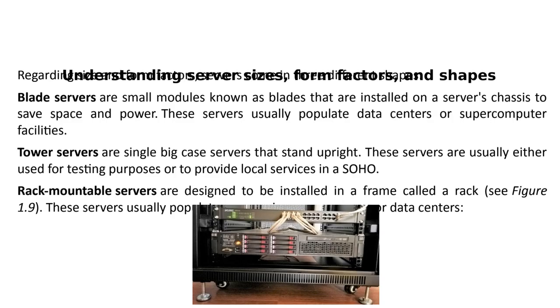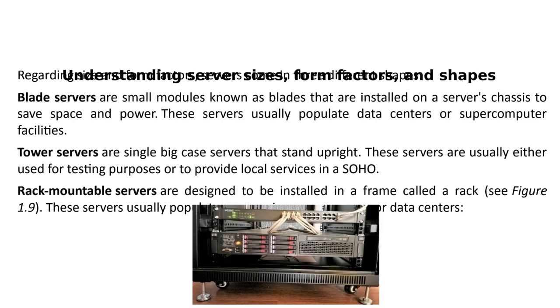Okay. Now there are different shapes for your network server. We have blade servers. Blade servers are small modules known as blades, and they are installed on the server chassis. If you go to the computer lab in the other building, downstairs, IG09, I think, there is a chassis there, and there are some computers.